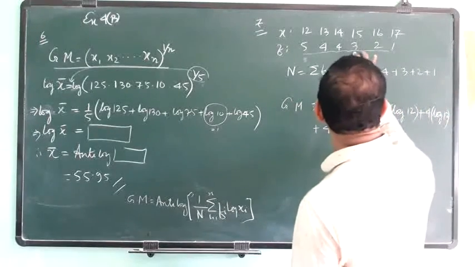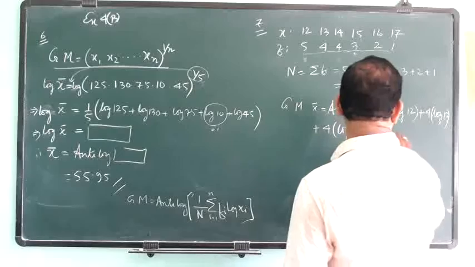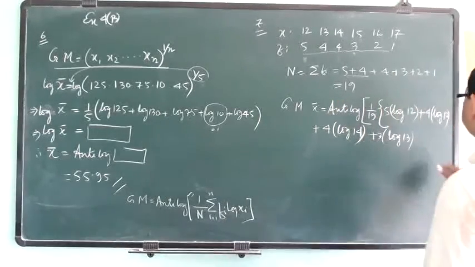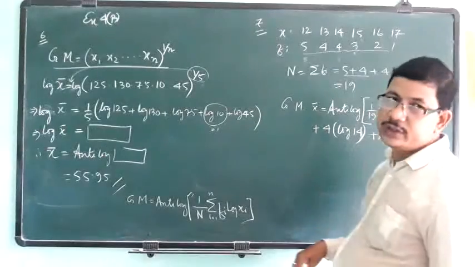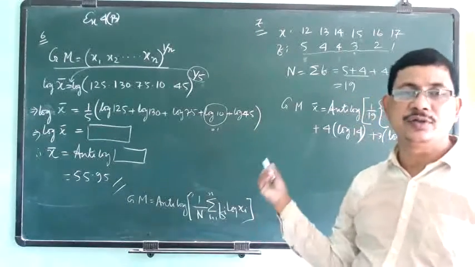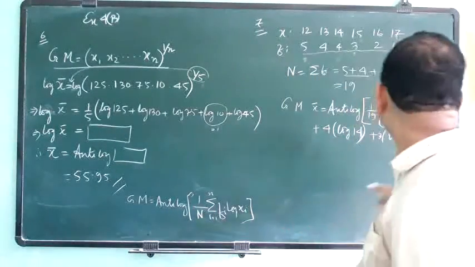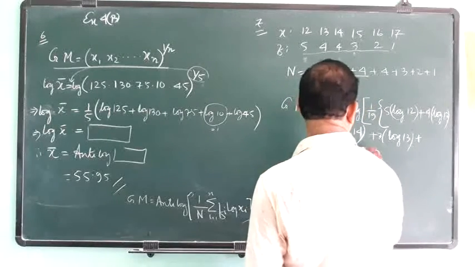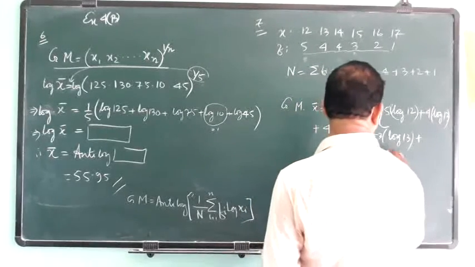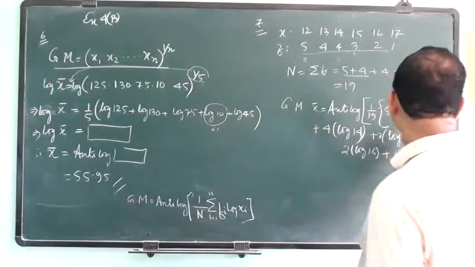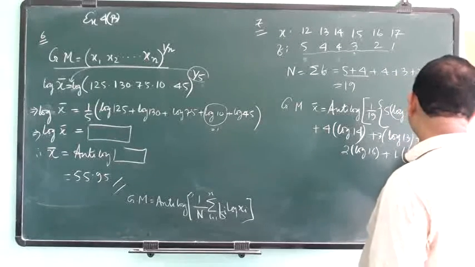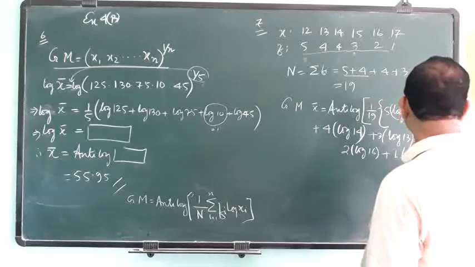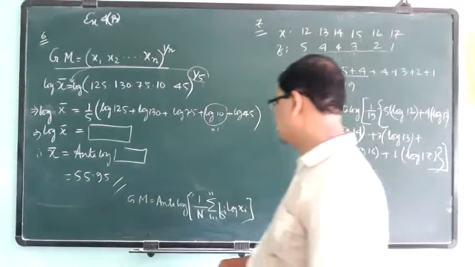You see 3 is against 15, so you will write 3 into log 15. Then 2 is along with 16, so you write 2 into log 16. Then one frequency is attached to 17, so we write 1 into log 17. See, this way we have to write that.